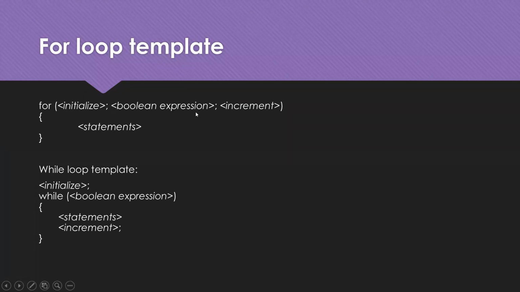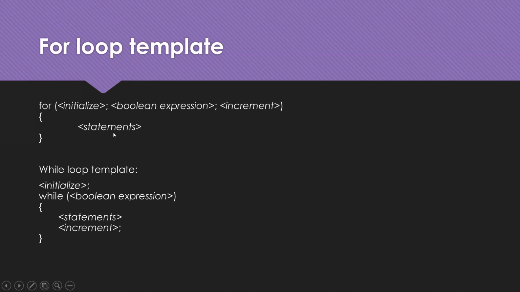Then the second statement is the Boolean expression. You check whether it is equal to a certain value, not equal to a certain value, bigger than a certain value, or smaller than a certain value. You check that over here. And then you increment. So you write all these three things in the parentheses right in front of for. And then you write the braces, and whatever statements you are going to execute are written within these braces.